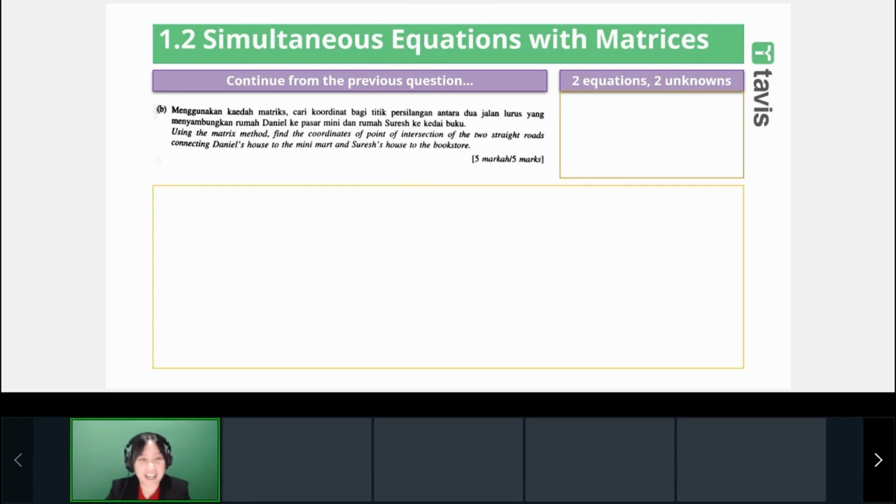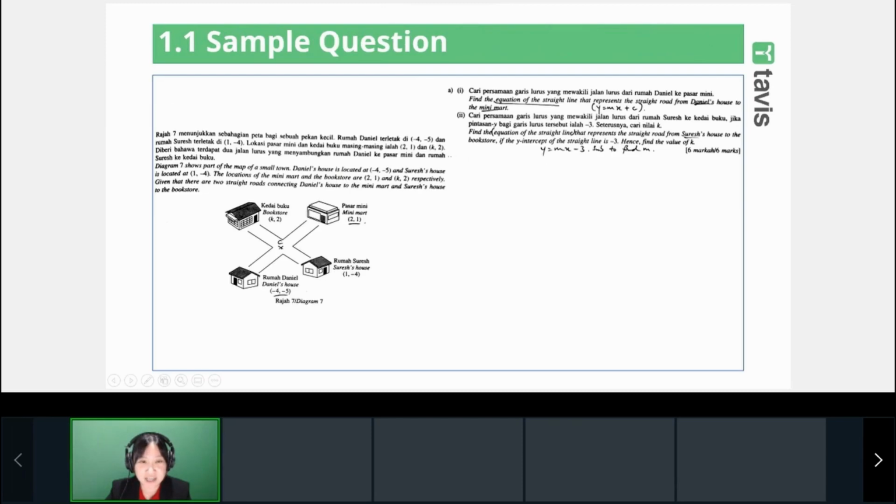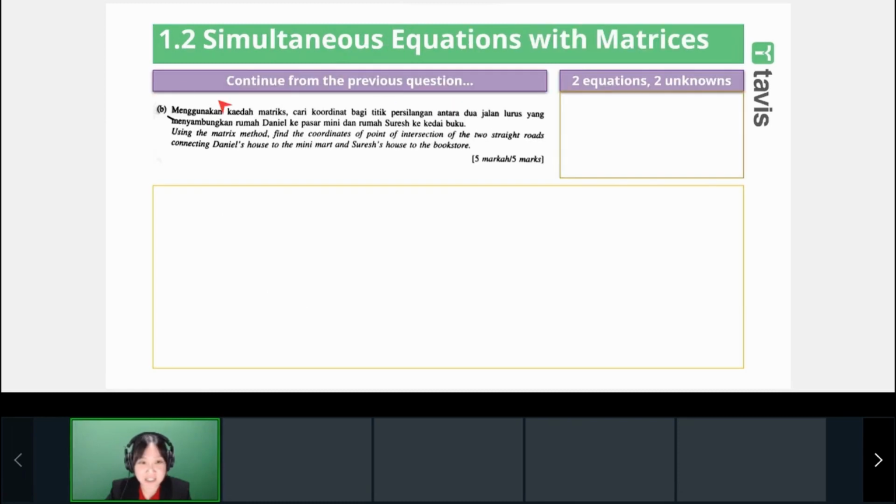Okay, remember I told you that there is a part B for the previous question. This one is part A, you see? So next slide, part B. Let me zoom in. You can read the question first, and then I'm going to copy and paste the question.